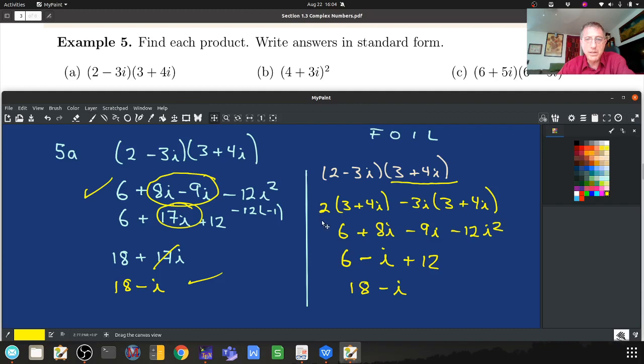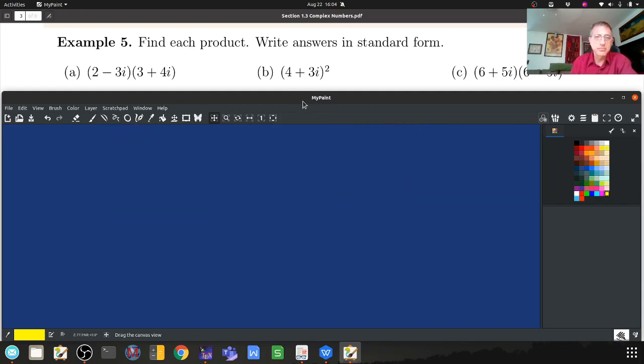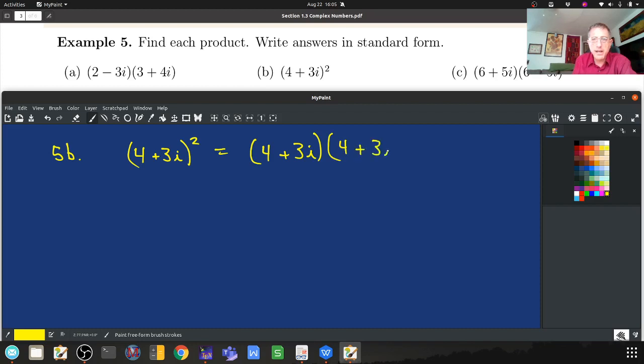So let's go on and let's look at number B. So 5B is 4 plus 3i squared. Remember, that's just shorthand for 4 plus 3i times 4 plus 3i. But I'm going to give you a formula that's really kind of nice.